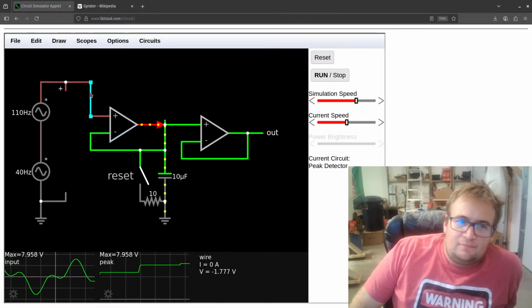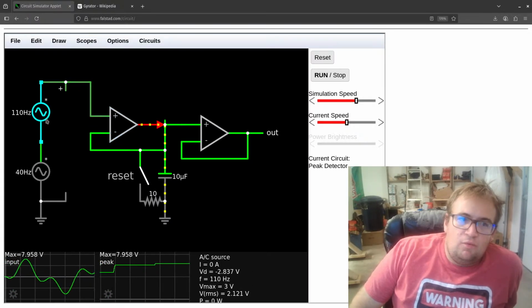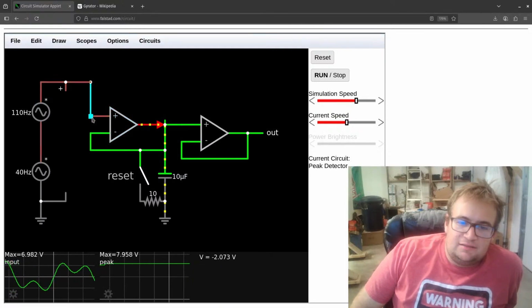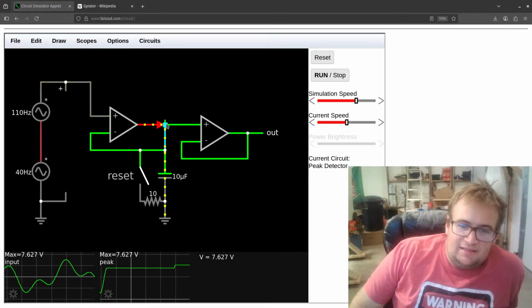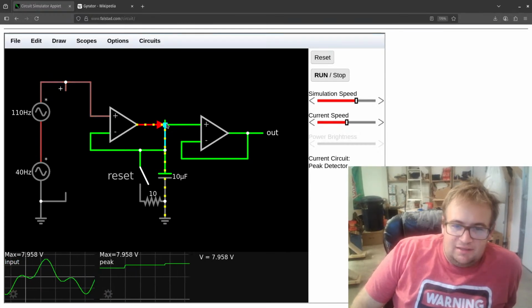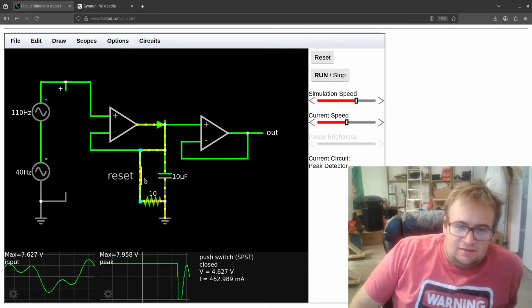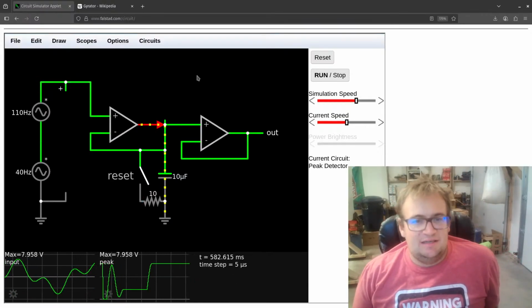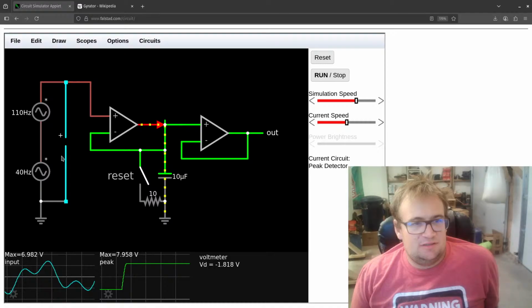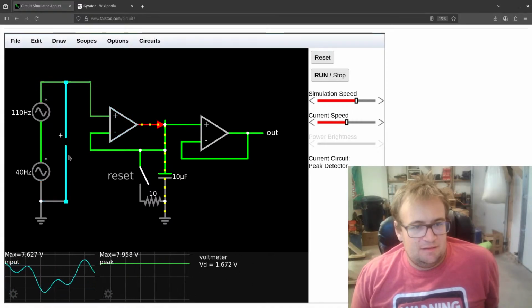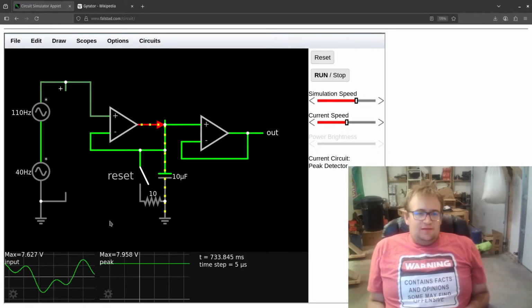What this is doing is, it's the highest voltage that was at the time. 5.7. Go there. And this resets its voltage peak. Basically would take the lowest.